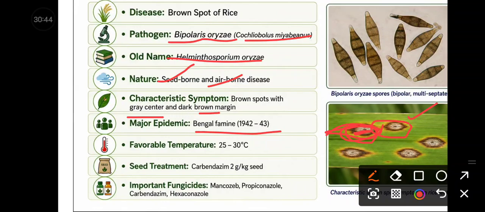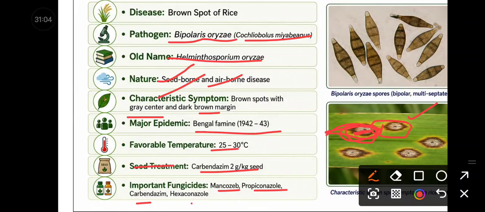Then favorable temperature for this disease is 25 to 30 degrees Celsius. Best management practice is seed treatment with carbendazim 2 gram per kg because it's a seed-borne disease. Then other important fungicides that can be foliar sprayed are mancozeb, propiconazole, carbendazim, hexaconazole.